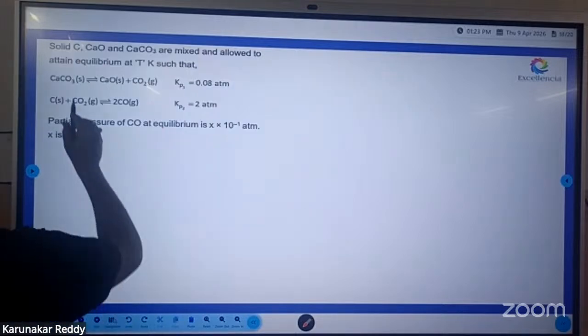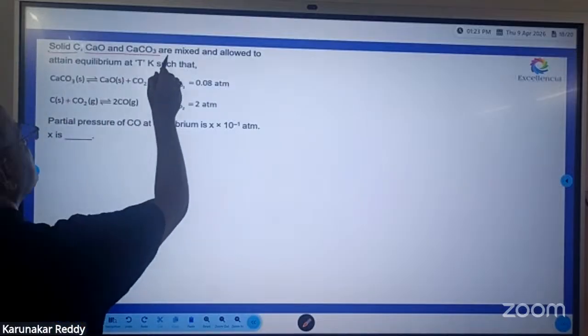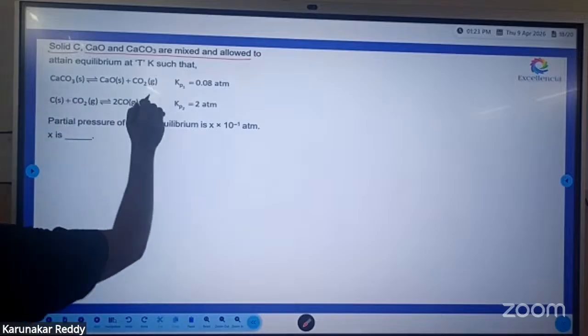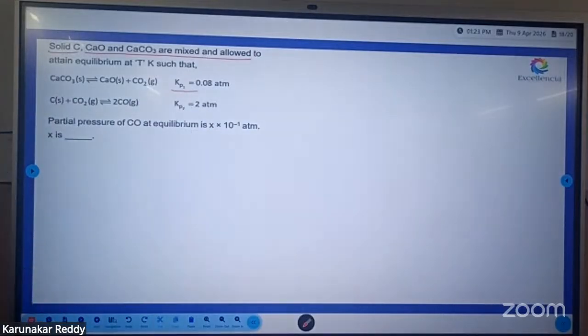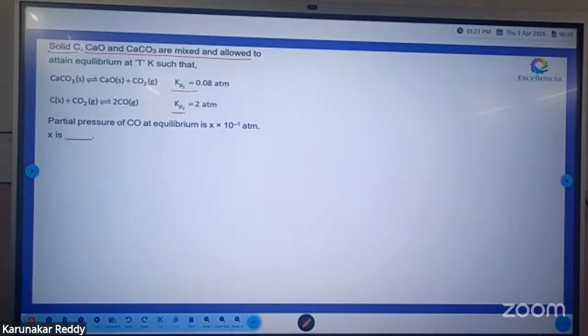Next, solid carbon. Calcium oxide and calcium carbonate are mixed and allowed to attain equilibrium at T Kelvin such that calcium carbonate gave this one and its equilibrium constant with respect to the pressure. And here also with respect to the pressure they give.